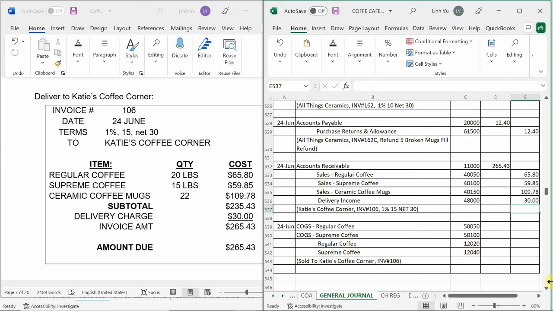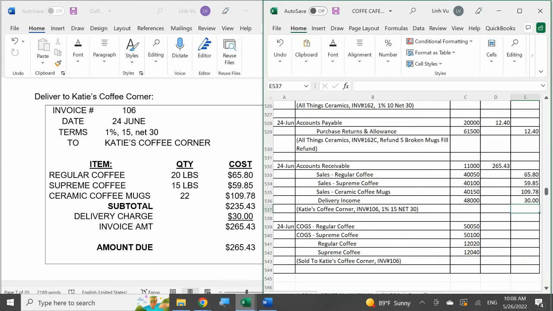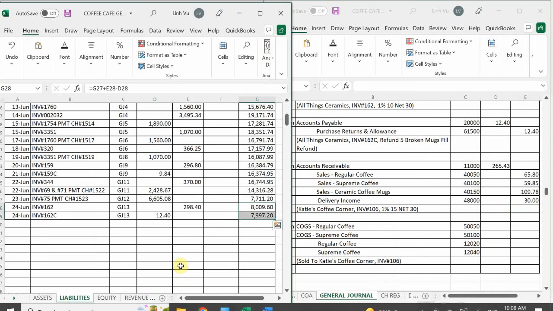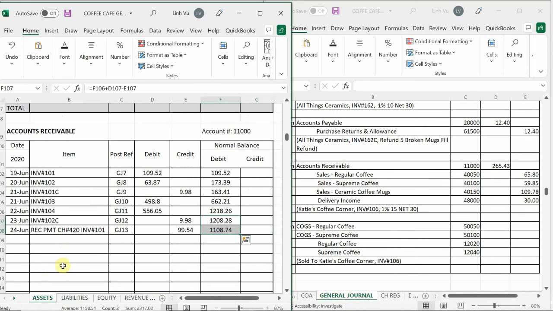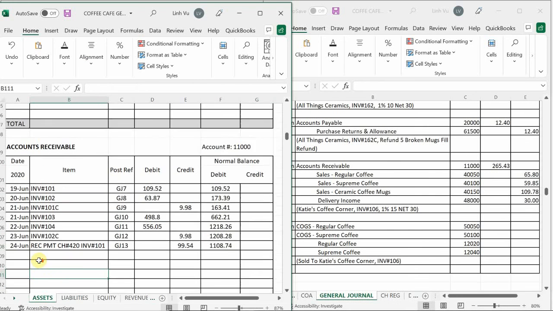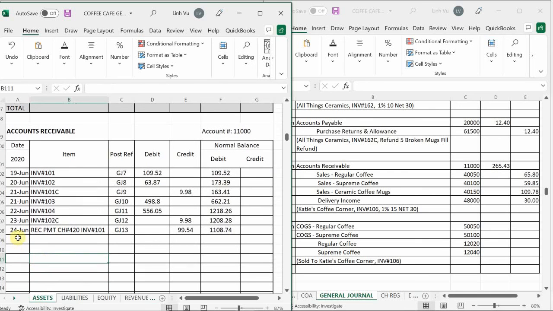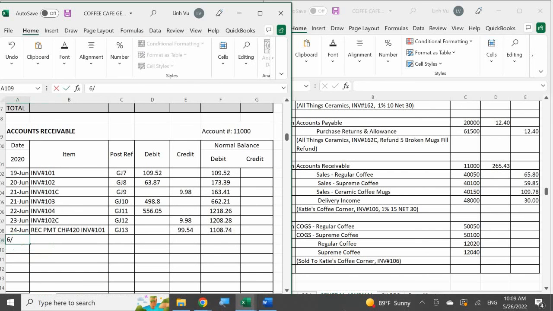So now that I did my sales, let's go ahead and update my general ledger because we now have someone owing me on an account. Okay. So here, right here, perfect. We just left off of accounts receivable.